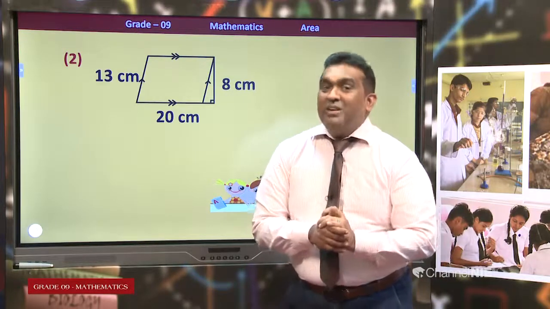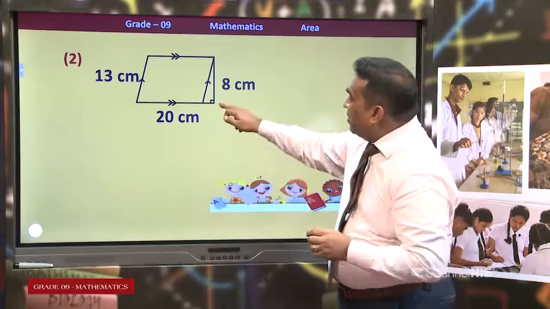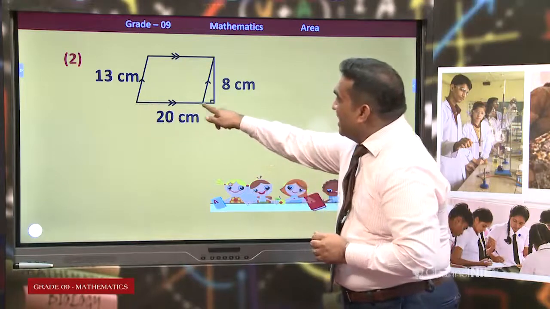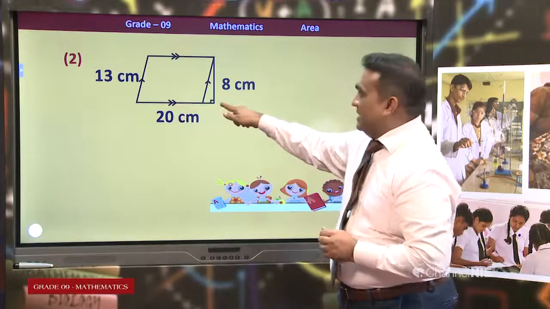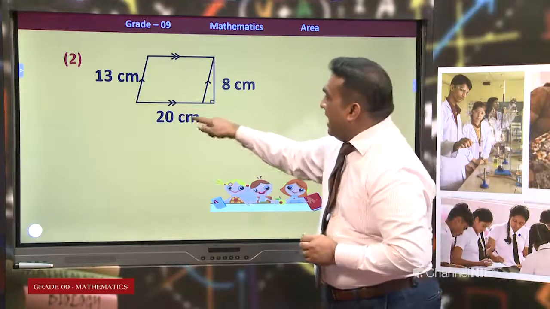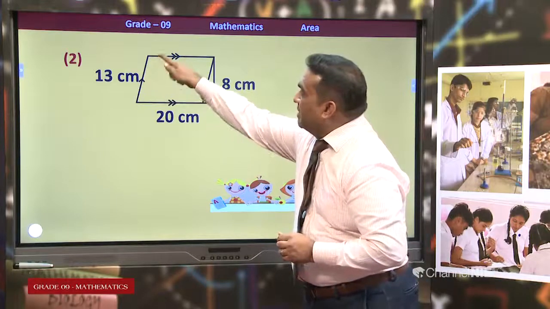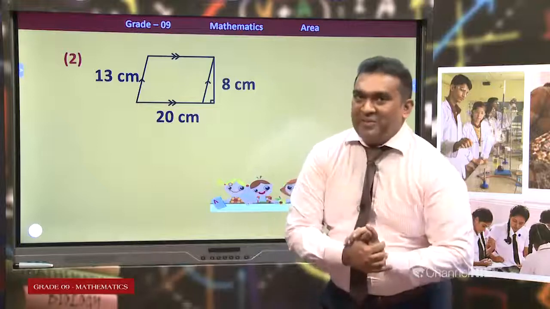As I told you earlier, the foot of the perpendicular height lies on this line. Therefore, this is your base. If you consider 13 centimeter, you don't have any perpendicular line there.